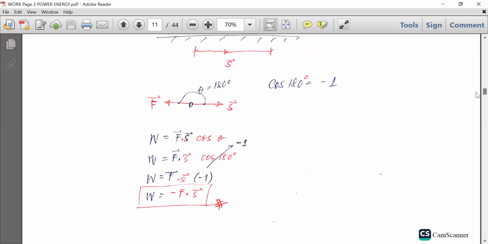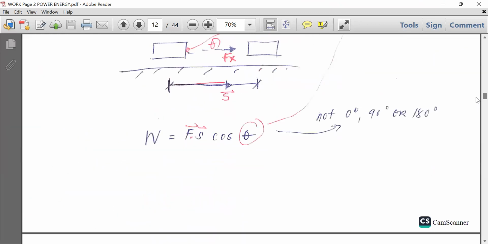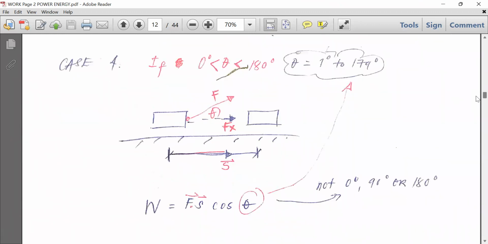Okay, now how about case 4? In case 4, the force is applied at a certain angle theta, and it's not in the same direction as the displacement. Remember, we discussed this before: if theta is greater than 0 but less than 180, from 1 degree to 179, except of course 90, you get the component of the force that is in the same direction as the displacement.